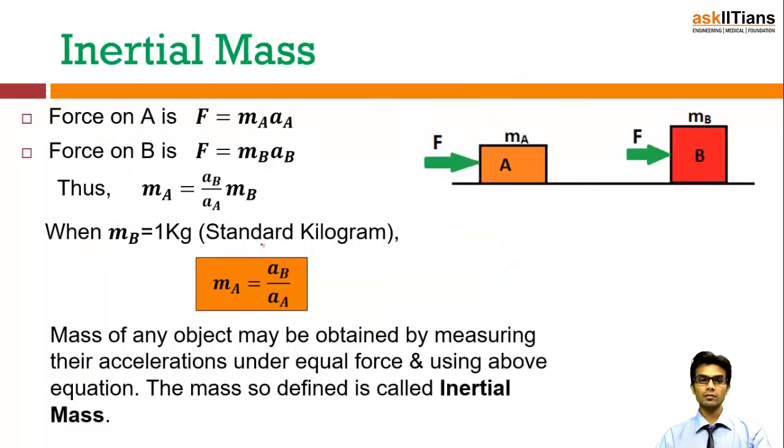Now there are two types of mass. The first one is inertial mass.